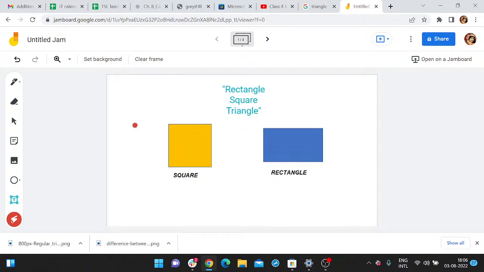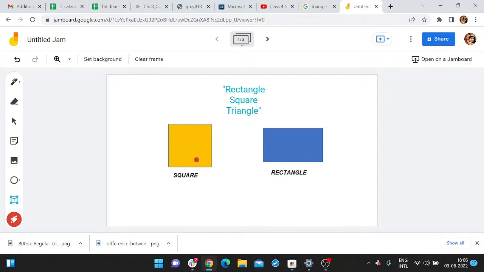If you extend these sides, they are never going to intersect. That means these are two parallel lines. And similarly, अगर हम ये sides को consider करें, these are also parallel. That means a square has two sets of parallel lines. So this and this are parallel to each other, this and this are parallel to each other.